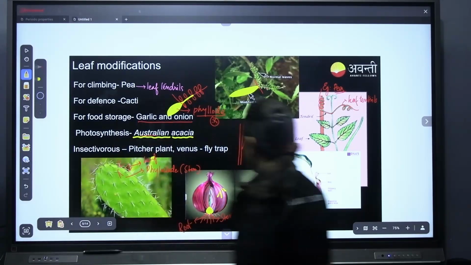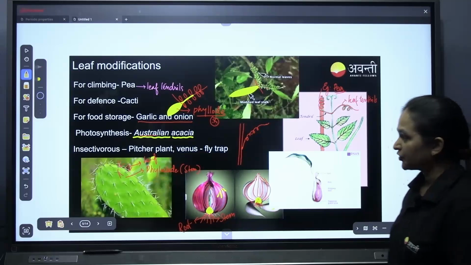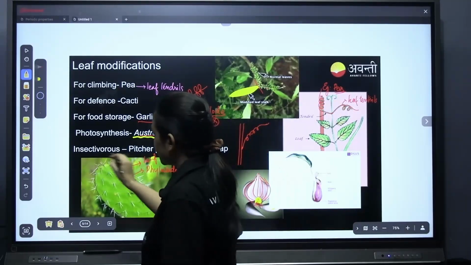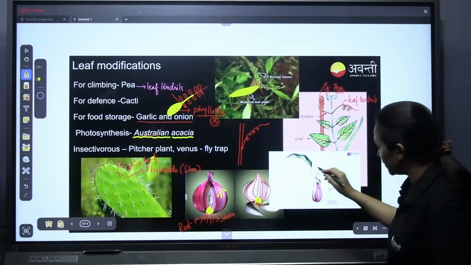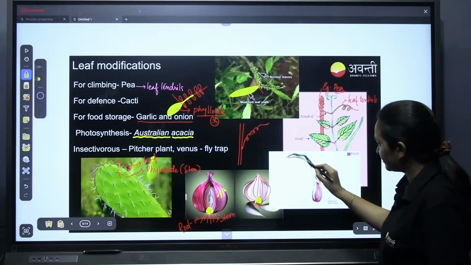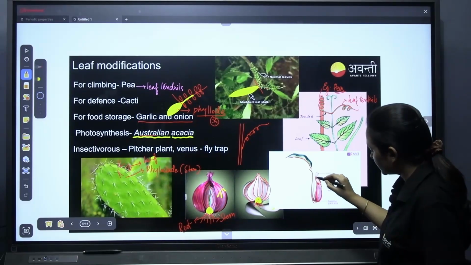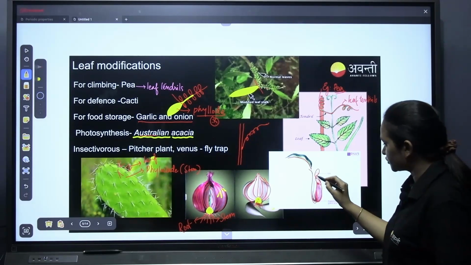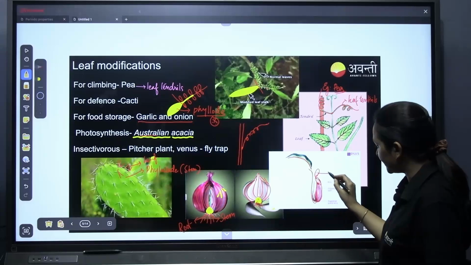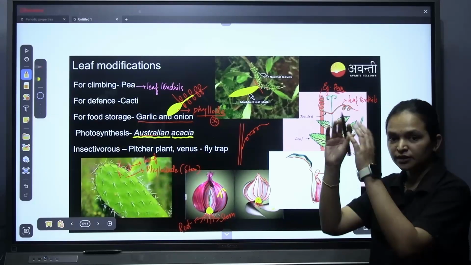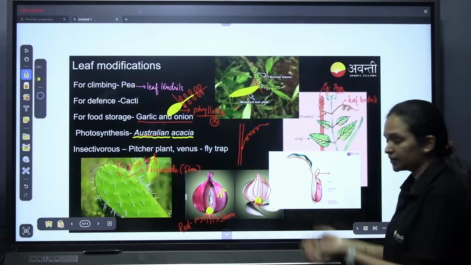So this is about the leaf modification. Another leaf modification is the insectivorous plant. This is the picture, that is the leaf, and at the end of the leaf there will be the formation of a pitcher like this. This is called pitcher. There will be a lid here, and it is like a bowl.